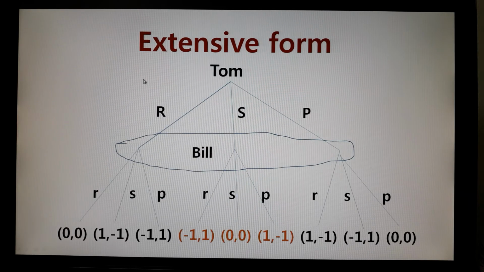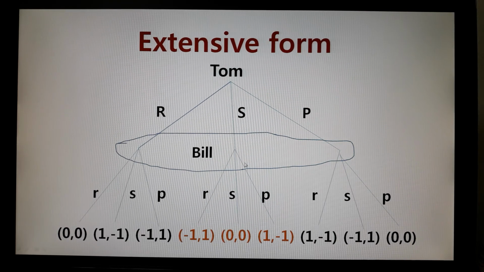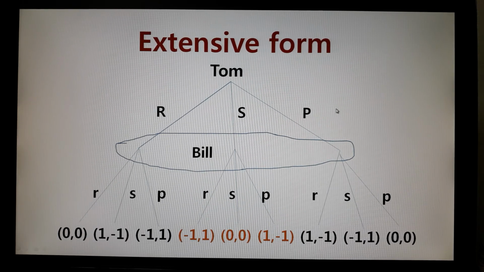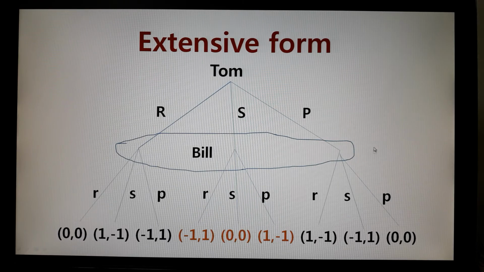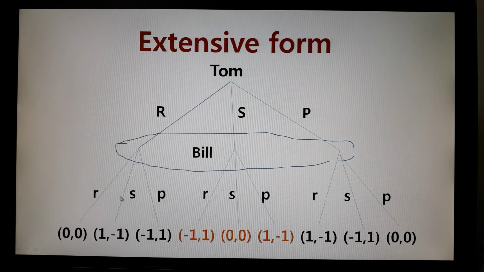On the other hand, extensive form always assumes that it's sequential. I mean, there's nothing simultaneous in the world. One person chooses first, the other person chooses later. So Tom chooses first, but then because of this circle, Bill cannot see what Tom has chosen, and he chooses his rock, scissors, paper without knowing what Tom has chosen.